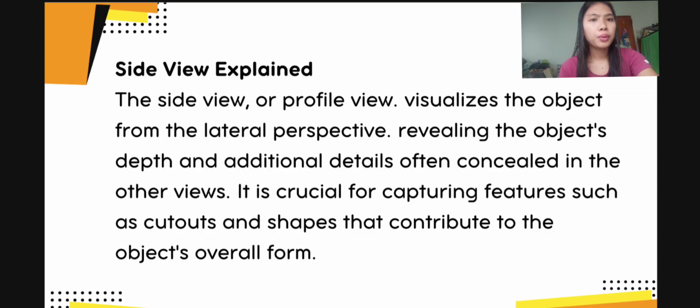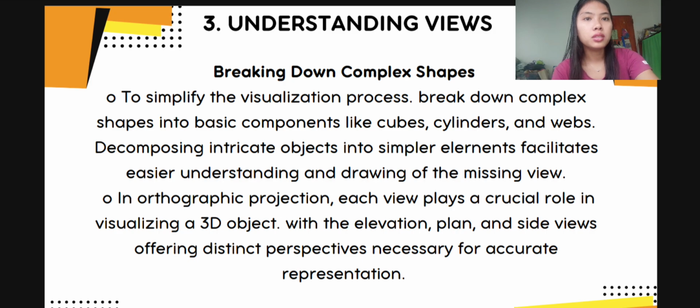The side view shows the object from the left or right, so it reveals the object's depth and features like cutouts, notches, or protrusions. These details may not appear in the front view, so the side view is very helpful when completing the missing view.